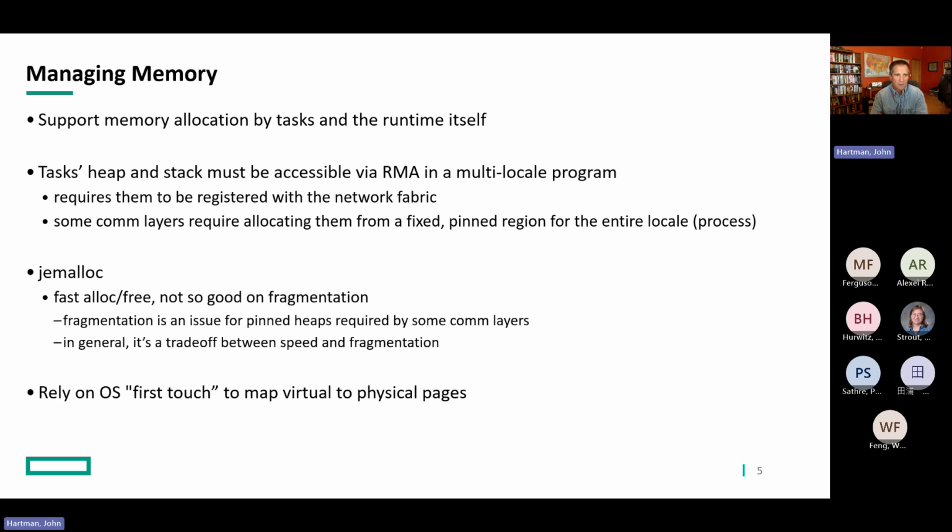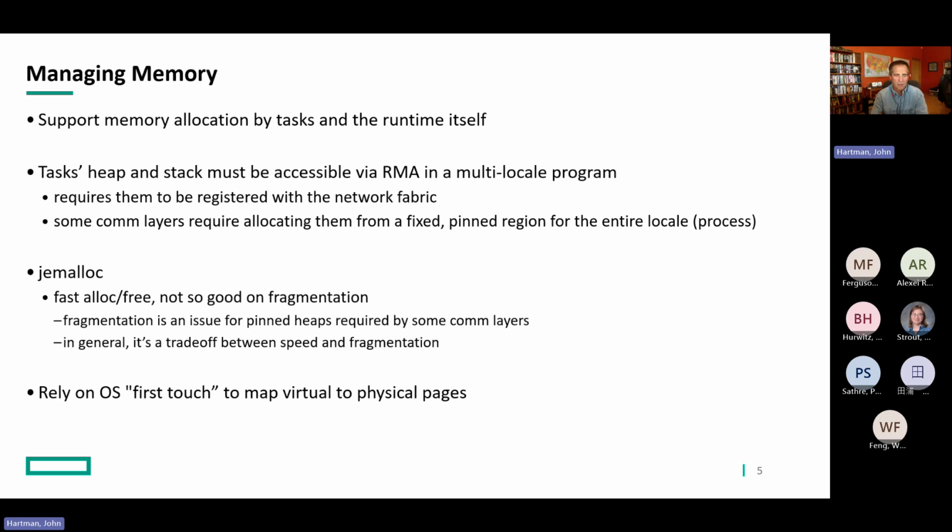And then underneath the covers of all of this, we do have to be aware that our locale is running in virtual memory and dealing with virtual addresses. And then down at the bottom, we have physical pages of the physical machine. And those are the things that the network interface is dealing with. And so that's going to affect us in some ways as well.